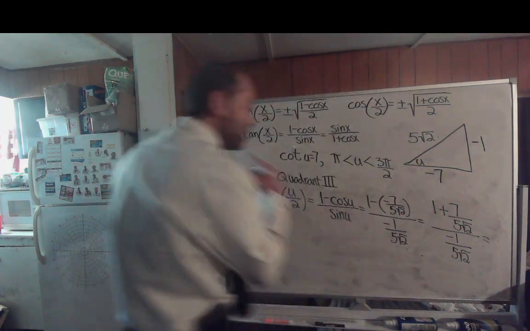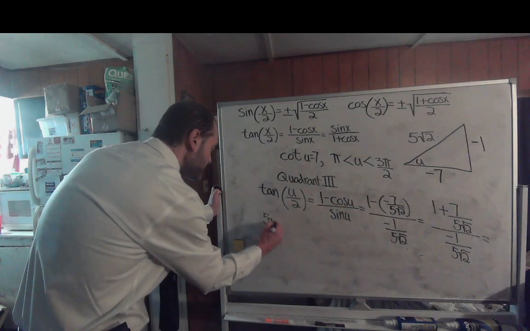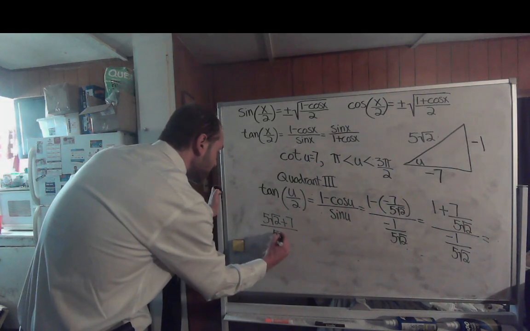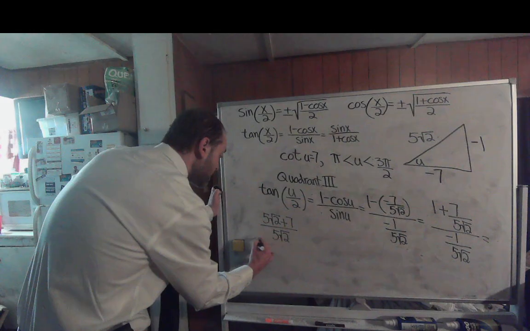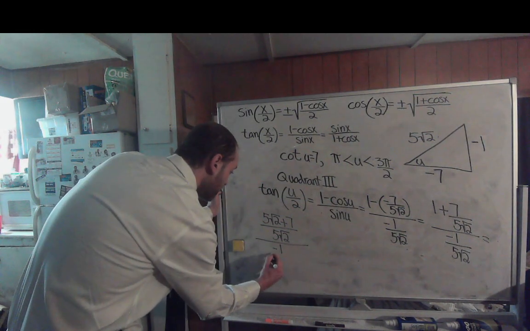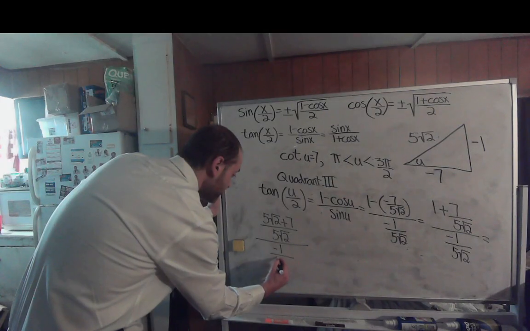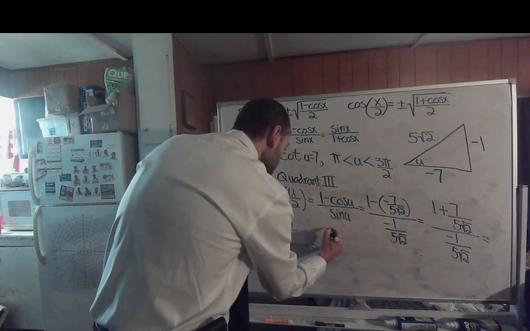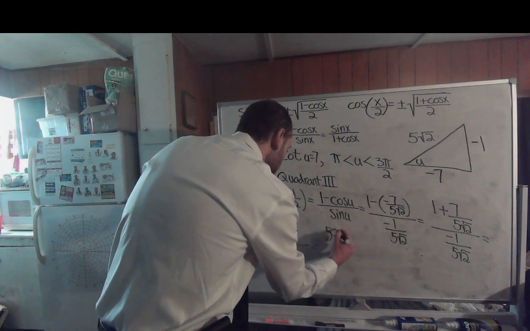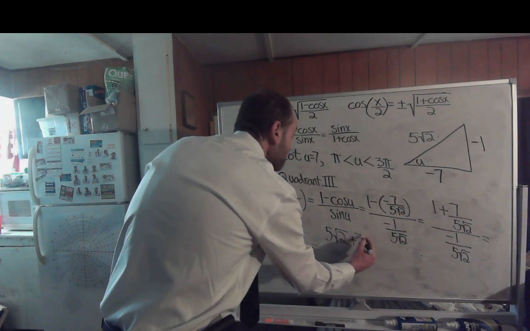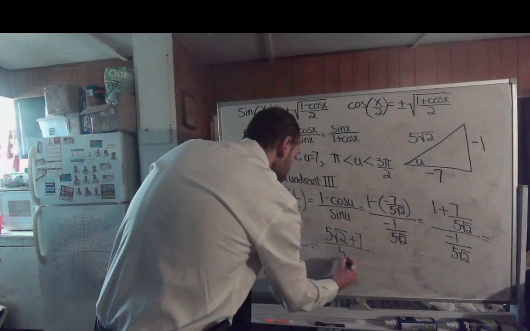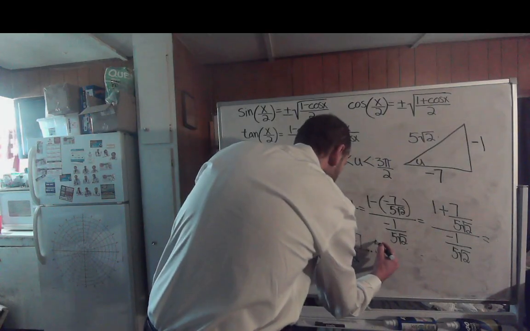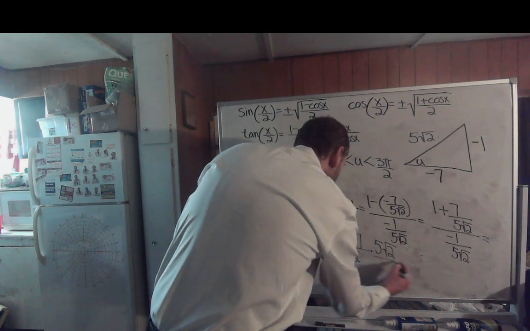Let's simplify a bit more. You'll end up getting 5 times the square root of 2 plus 7 all over 5 times the square root of 2, all over negative 1 all over 5 times the square root of 2. Now let's just take care of the complex fraction. So you would get 5 times the square root of 2 plus 7 all over 5 times the square root of 2, times 5 times the square root of 2 over negative 1.